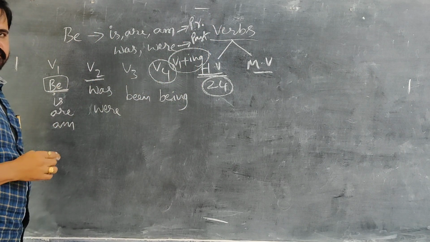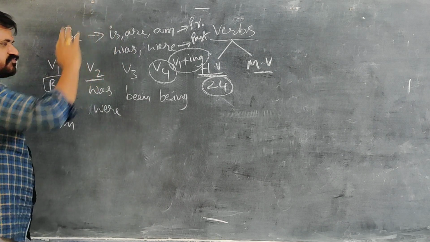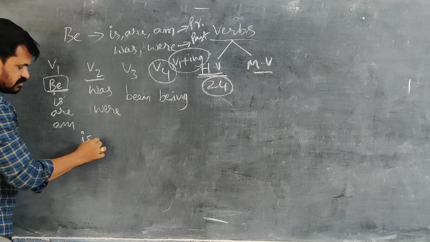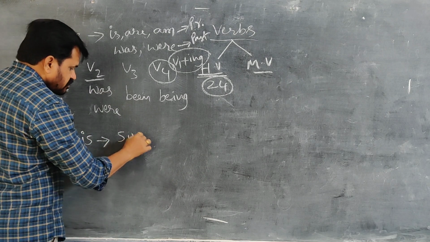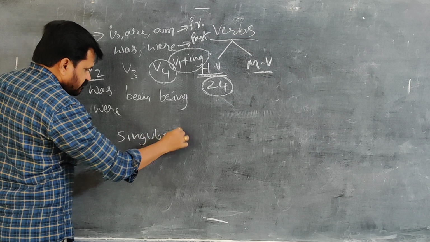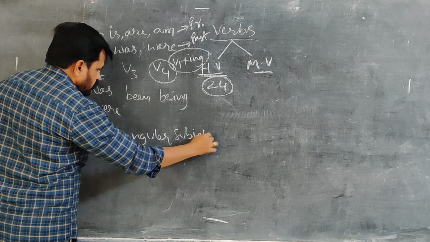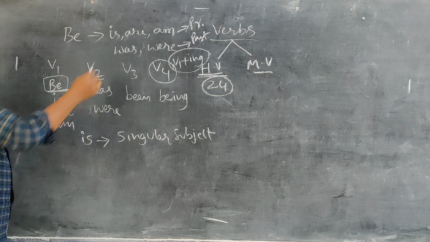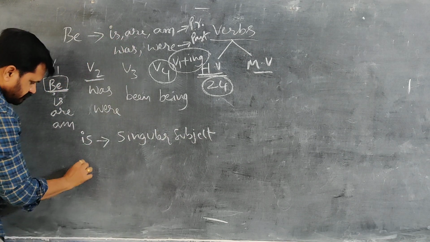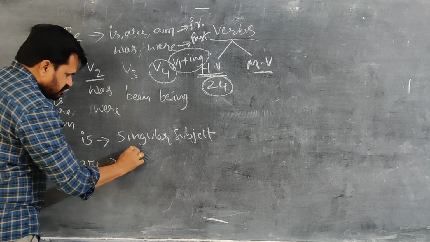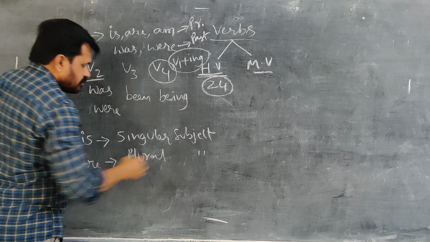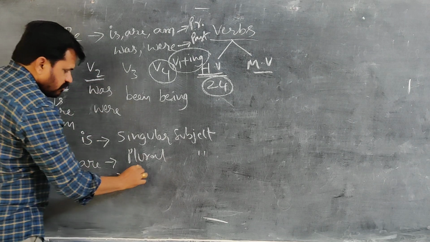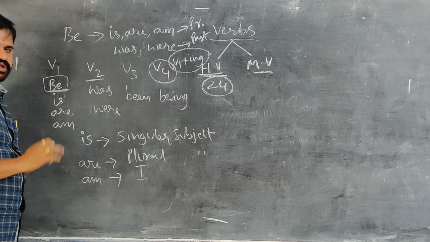And again, regarding these 5 helping verbs, is is used with a singular subject only, whereas are is used with a plural subject only, whereas am is used with I. With I only we use am.